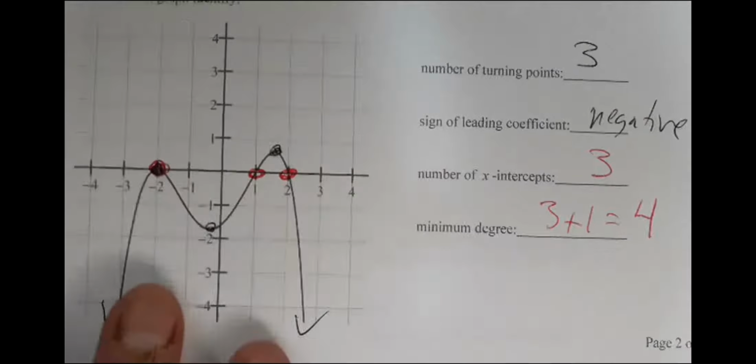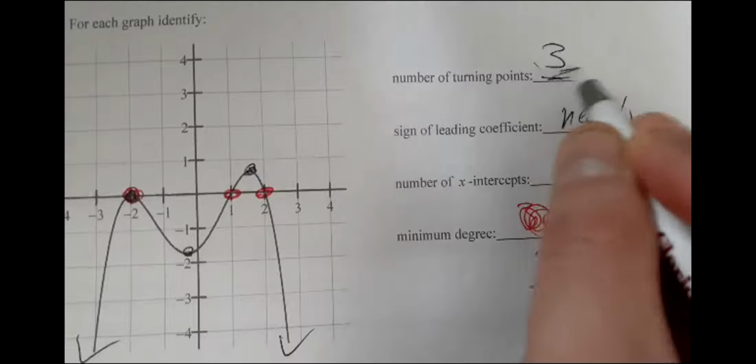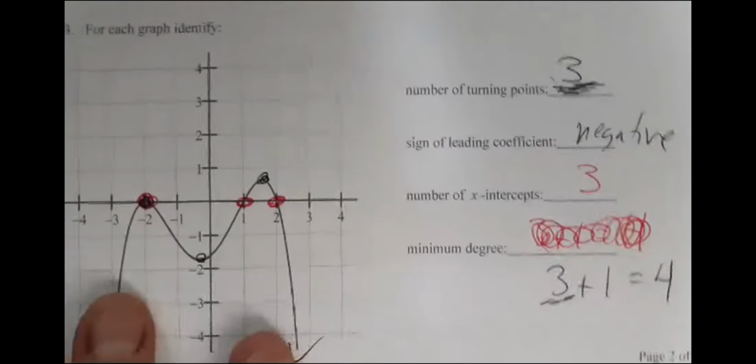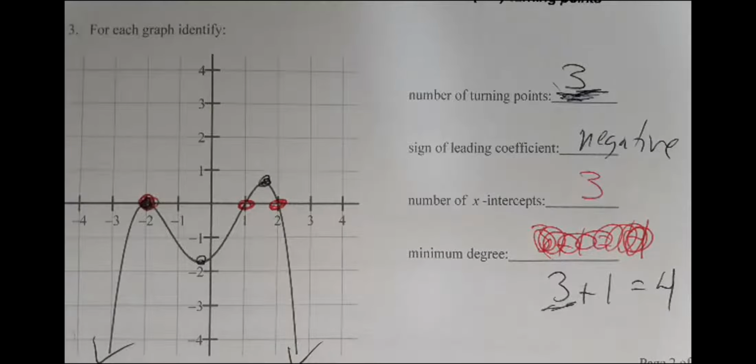I should re-emphasize: turning points plus 1, right? Let's do it in black. That is the same thing as this number, right? This 3 is this 3, not the other 3. I'm doing number of turning points plus 1 to get the minimum degree.